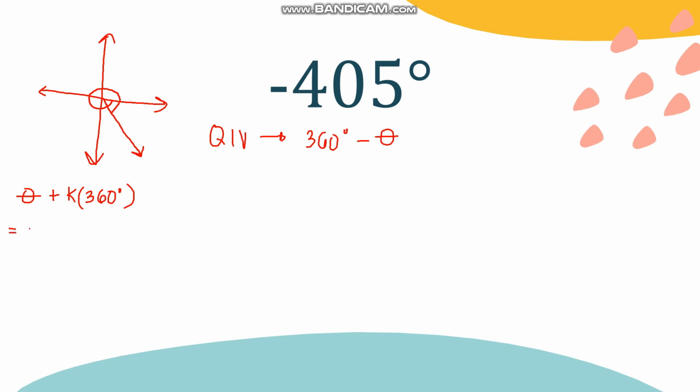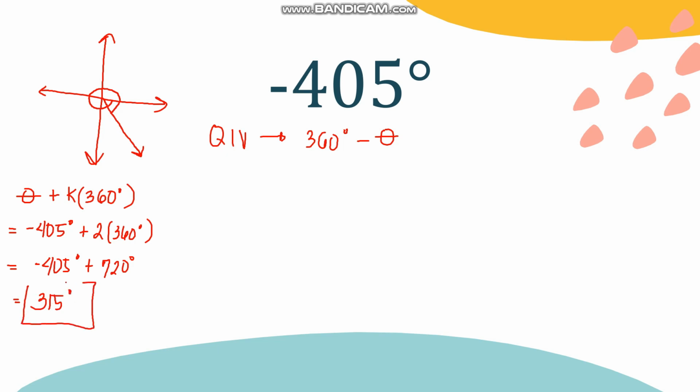So we have negative 405 degrees plus 2 times 360 degrees, that is negative 405 degrees plus 720 degrees, and we will get 315 degrees. So this is now the positive coterminal angle of negative 405 degrees.